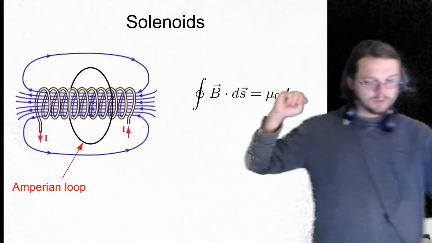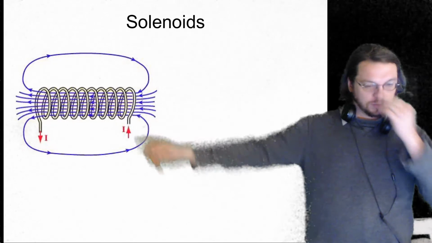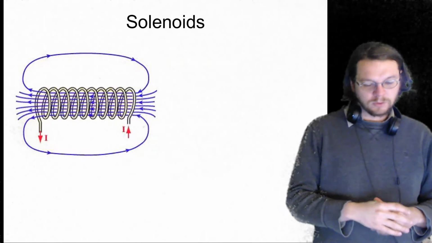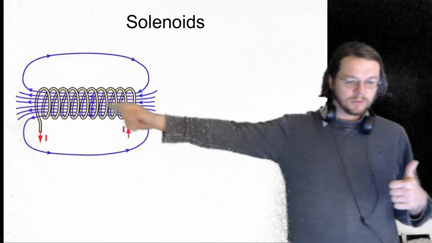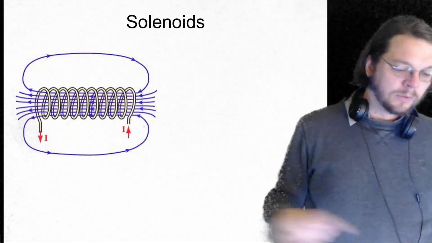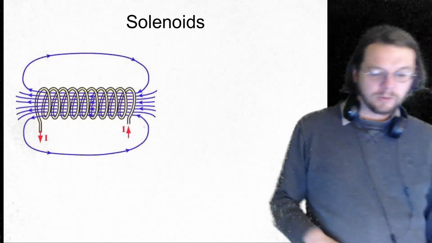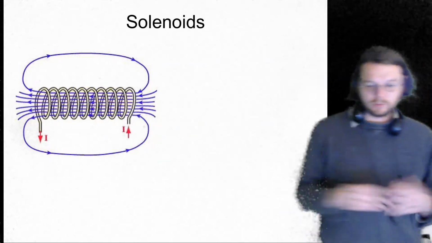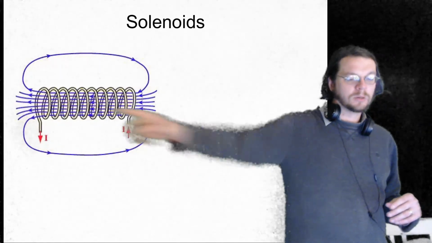Alright, we're going to talk about new stuff, such as solenoids, that we're going to continue to connect to our discussion of Ampere's law. So what we really like to know from the situation, we have this wire that's sort of coiled up. We have the current going through the wire, which makes a nice strong magnetic field through the middle of this thing. We'd really like to be able to know what the magnetic field in the middle of this thing should be.